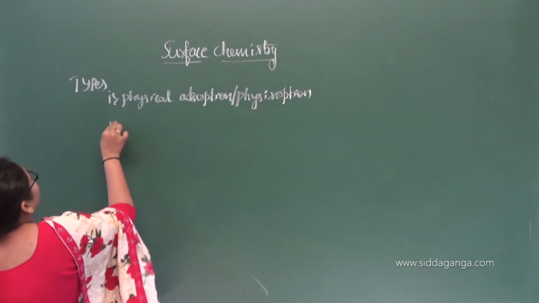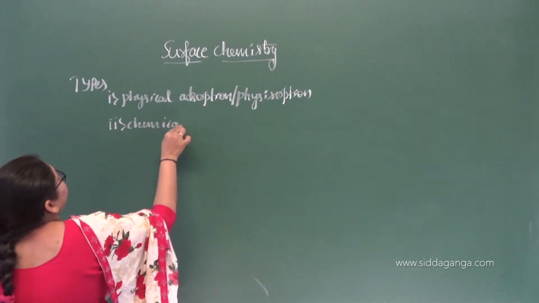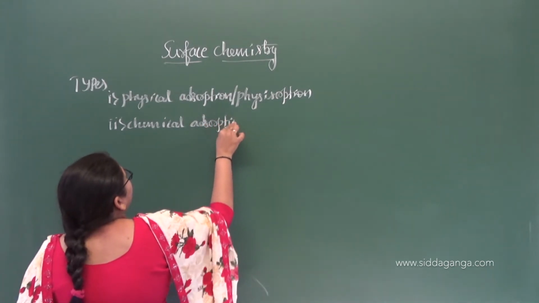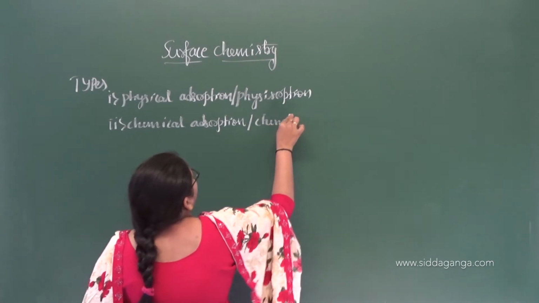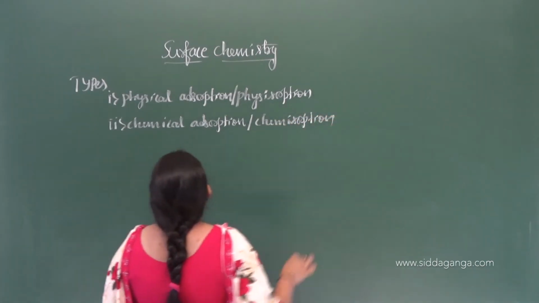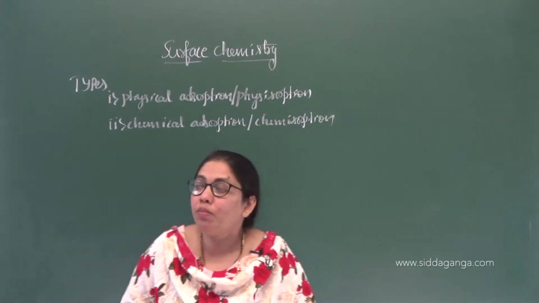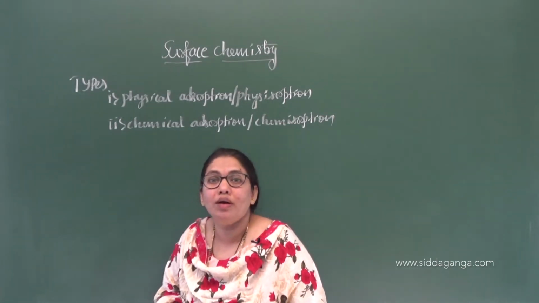The second one is chemical adsorption, which is also called chemisorption. So these are the two types of adsorption. Let us discuss one by one, and you should know on what basis these two are classified.